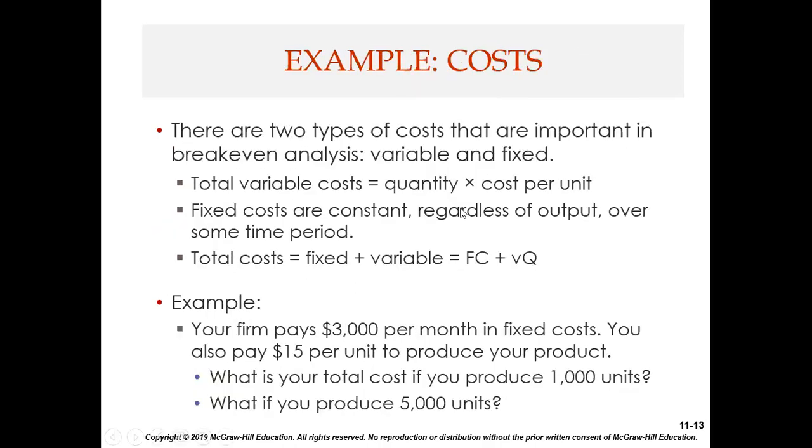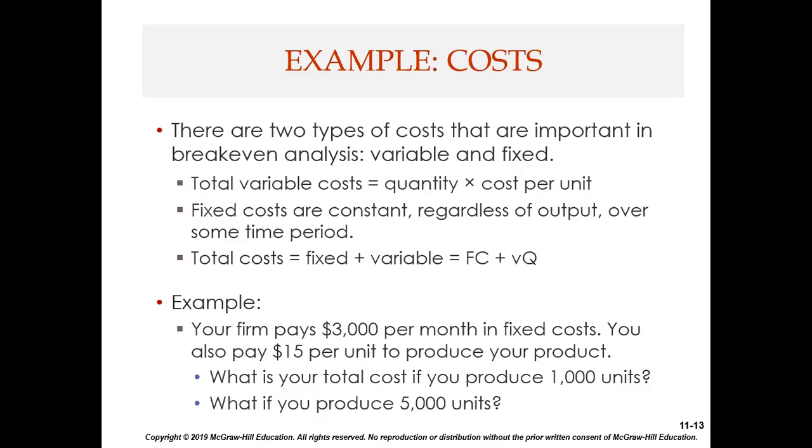So what you do is plug it in. Fixed costs remain constant, $3,000 under either scenario. But your variable cost will change. For the first scenario, you would take 1,000 units times $15, so $15,000 would be your variable cost, total cost $18,000.